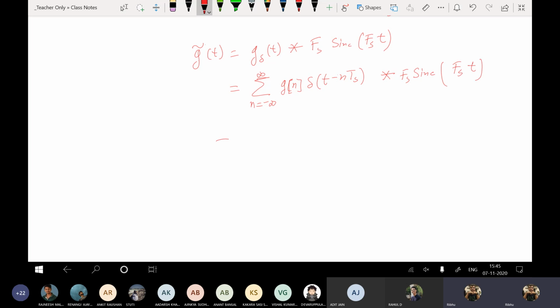Equals summation n goes from minus infinity to infinity g(n) Fs sinc(Fs(t minus nTs)).